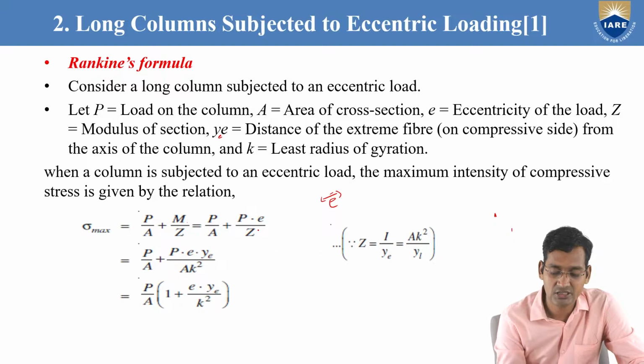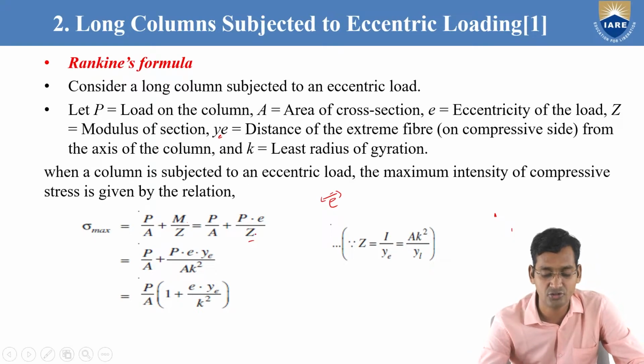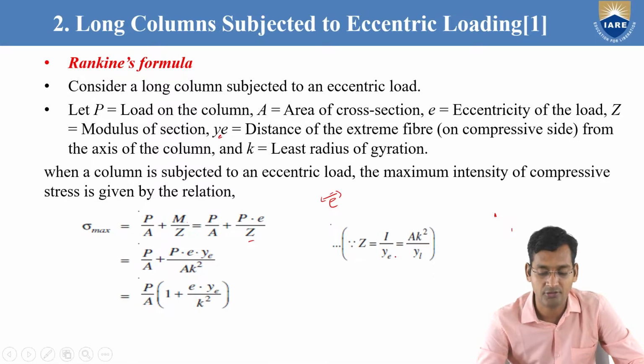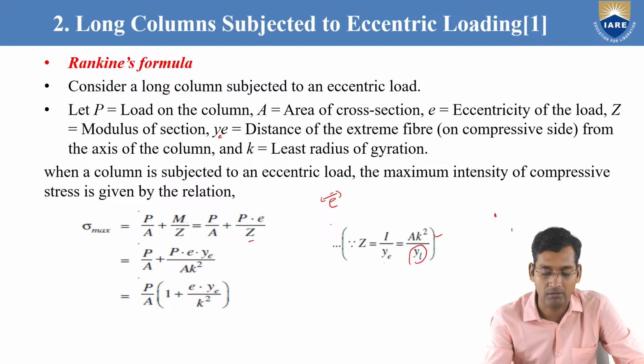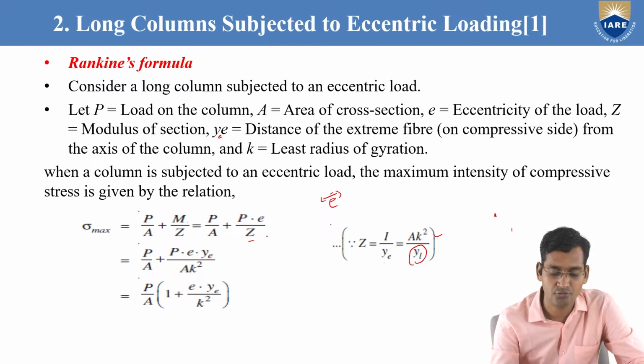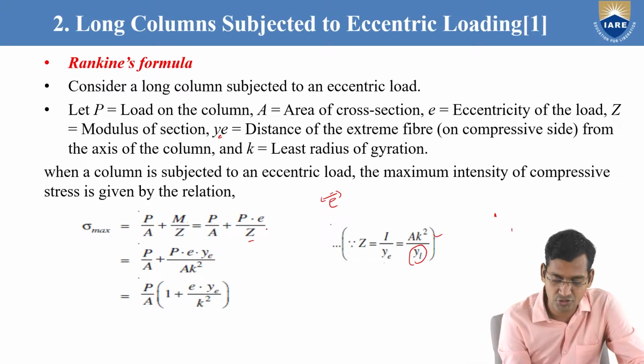Next, just change this value Z. Z equals what? I by YE. What is I? A K square. What is the extreme fiber distance? Y extreme, YE. So now we will substitute here for Z. After substituting, what will we get?